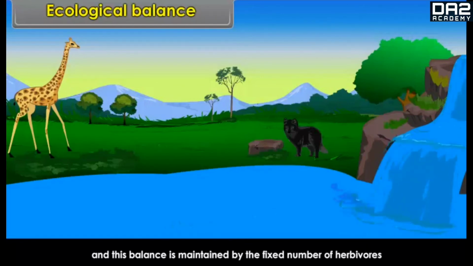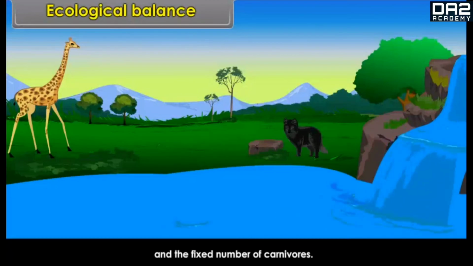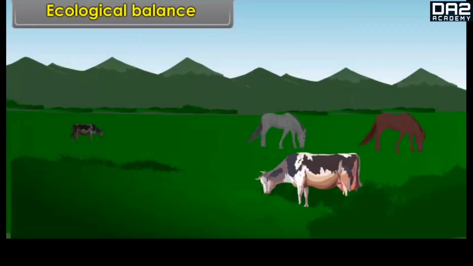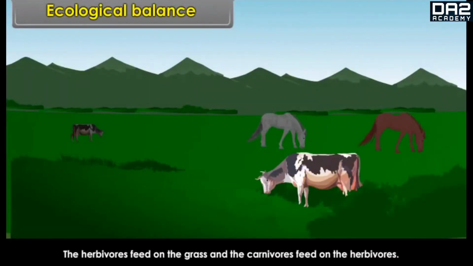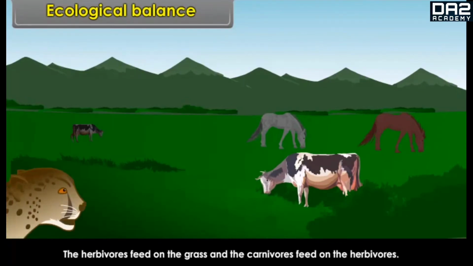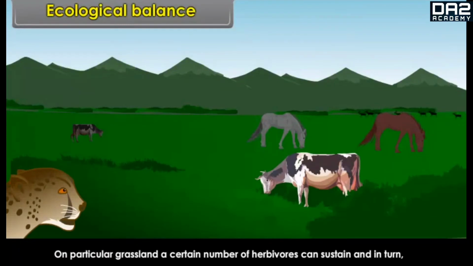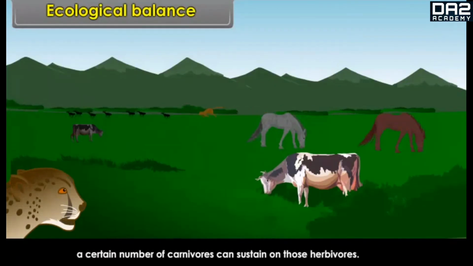The herbivores feed on the grass and the carnivores feed on the herbivores. On particular grassland, a certain number of herbivores can sustain, and in turn, a certain number of carnivores can sustain on those herbivores. Thus, in the state of ecological balance, the living organisms remain almost stable.